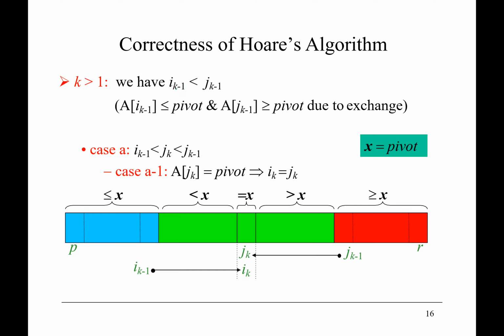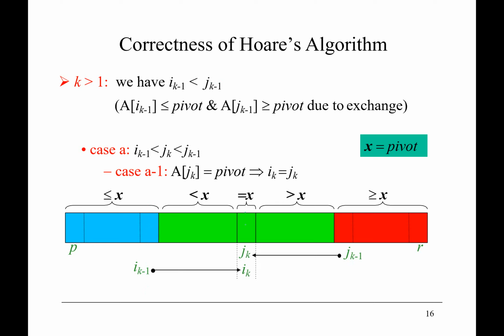Let's assume i_{k-1} is smaller than j_{k-1}, right? This makes sense. It is only when i_{k-1} is smaller than j_{k-1} that you can go to the next loop. So this is fine. Based on this, we have different cases to check for the last loop, the last iteration.